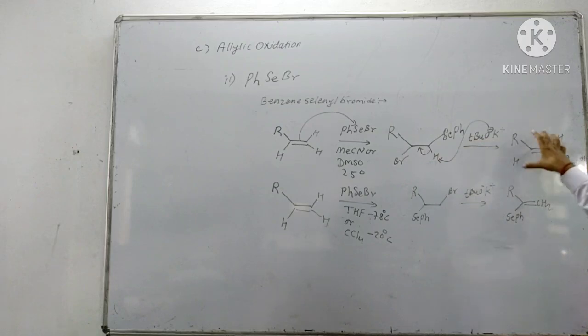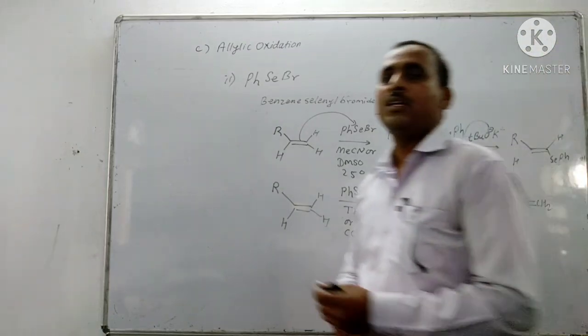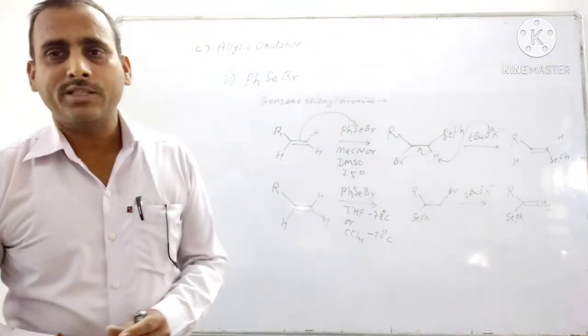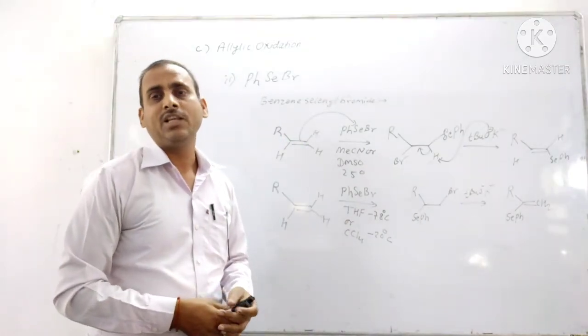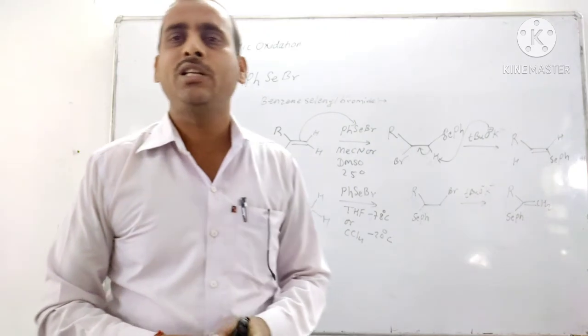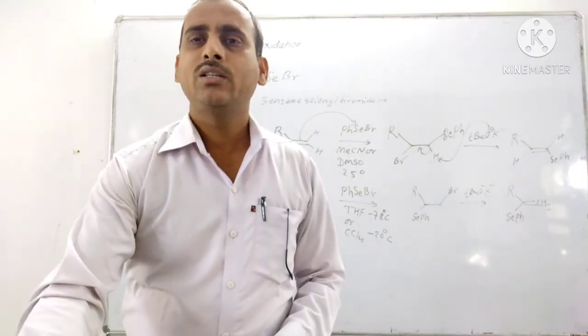Okay, this is the allylic oxidation by using selenium dioxide and benzene selenyl bromide. Okay, thank you.